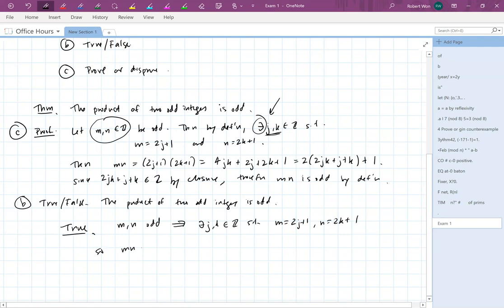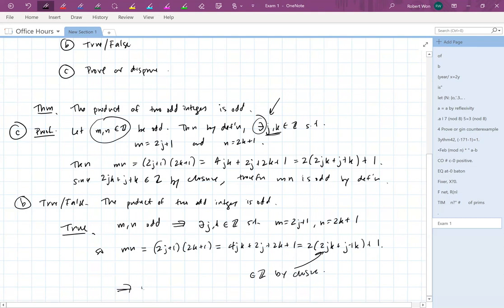So mn equals (2j plus 1)(2k plus 1) equals 4jk plus 2j plus 2k plus 1 equals 2(2jk plus j plus k) plus 1. And then on a true, false, you can even do something like, this is an integer by closure. Therefore, mn is odd by definition.